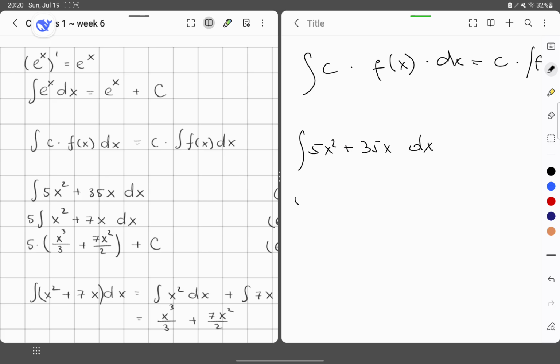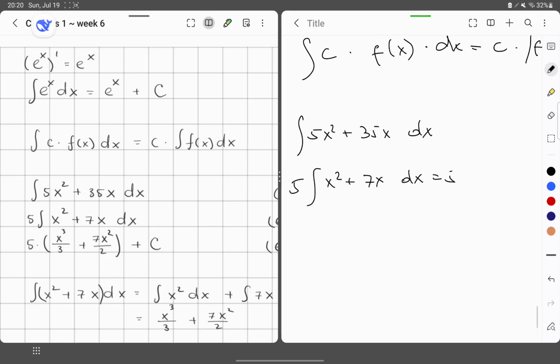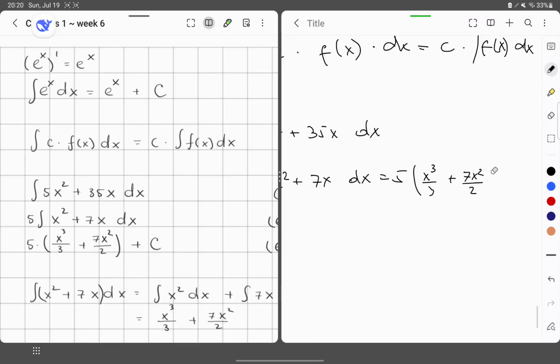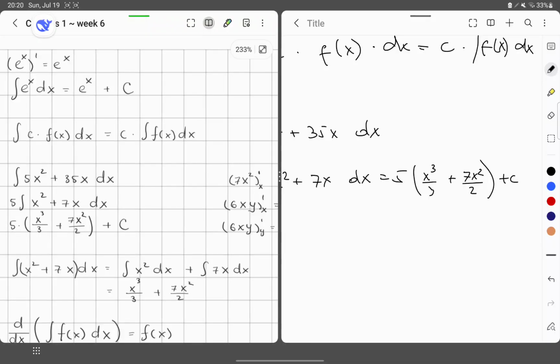It will be 5, because that's a constant, times the integral of x squared plus 7x dx. Then the integral is 5 times x to the power of 3 over 3, plus 7x squared over 2, plus c, like this. Yes, that's true. That's 3, by the way.